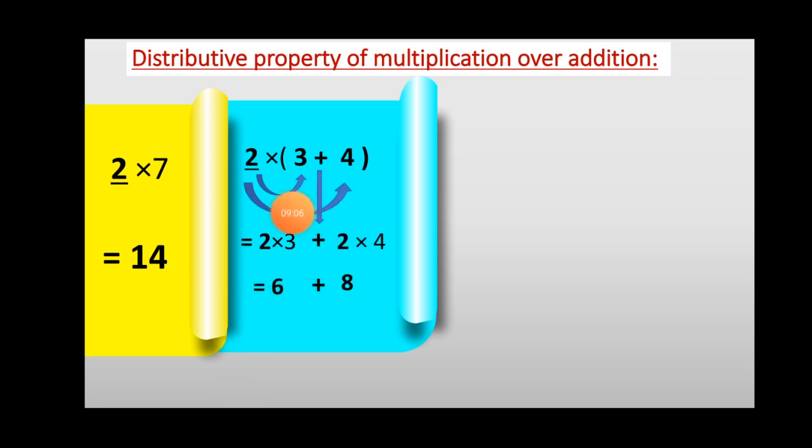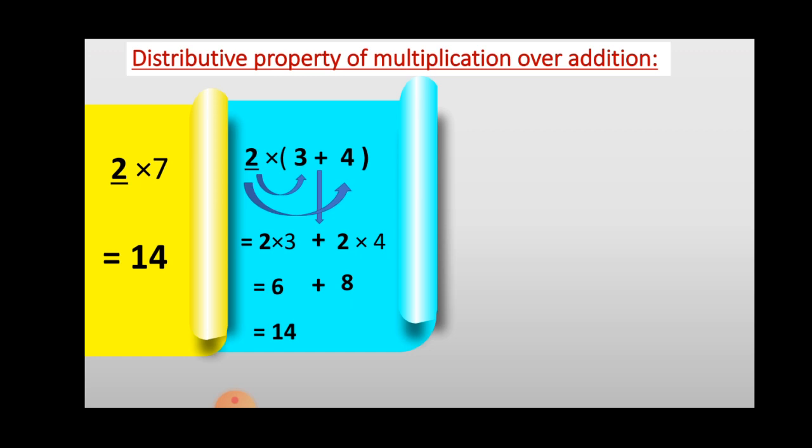In the same way, if I multiply the first number 2 with the second addend, 4, the product we obtain is 8. Later, when we take the sum of the two numbers we obtained after multiplying, 6 and 8, the sum is 14. Children, you can see that in both cases we have obtained the same answer.